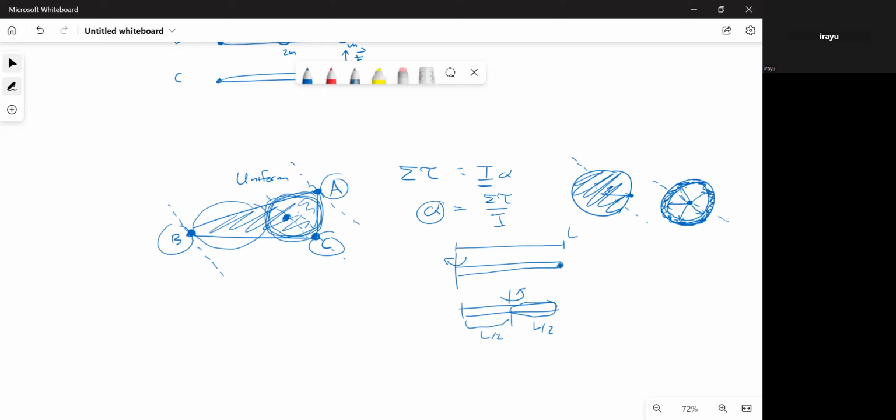So this little bit of mass at the end of the rod has a very large moment of inertia compared to this bit right here. And we have that same situation going on along the entire rod. Here, it's not as far away, so it doesn't have as large a moment of inertia as that little bit right there, and that adds up to where the overall rod has a lower moment of inertia for this axis than the first one.